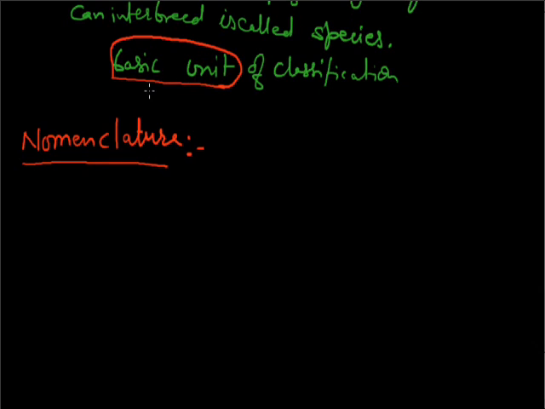There are many organizations which are responsible for nomenclature: the International Code for Botanical Nomenclature and ICZN, the International Code of Zoological Nomenclature. The International Code for Botanical Nomenclature gives the names of plants, and ICZN is the organization which gives the names of animals.